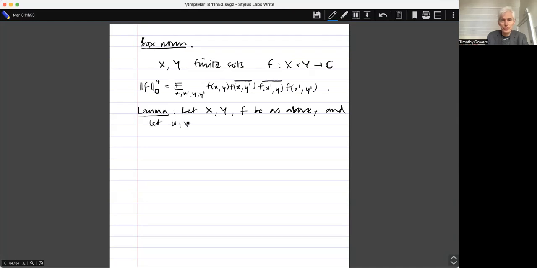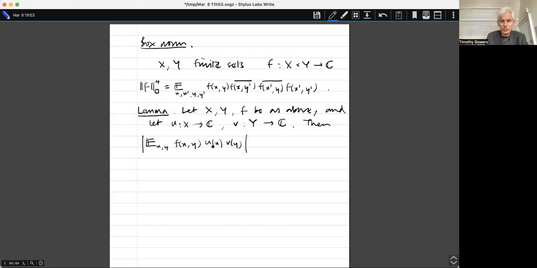Let u be a function from x to the complex numbers and v be a function from y to the complex numbers. Then the average over all x, y of fxy, ux, vy, which, if you think of f as a matrix indexed by x and y, is the inner product of u with the matrix applied to v.